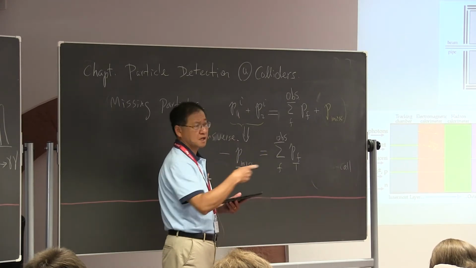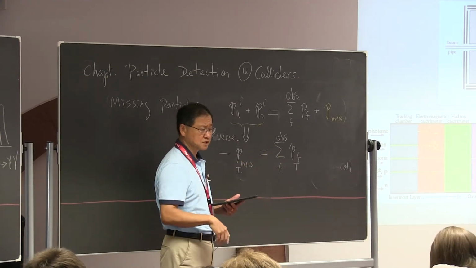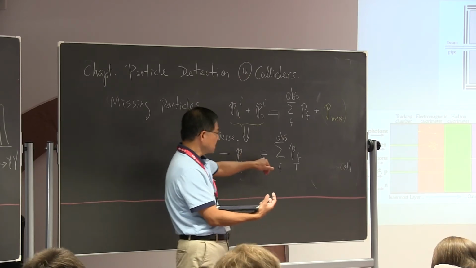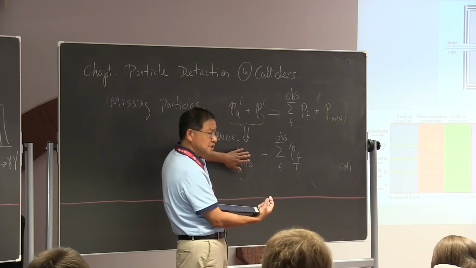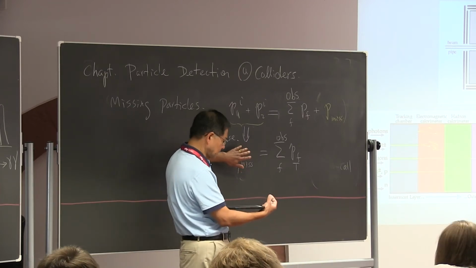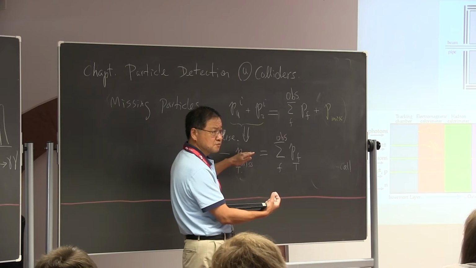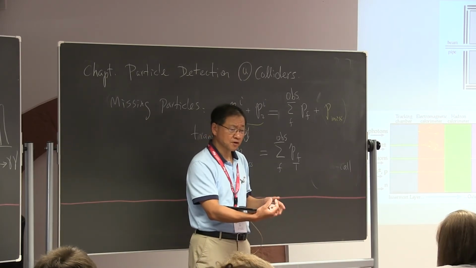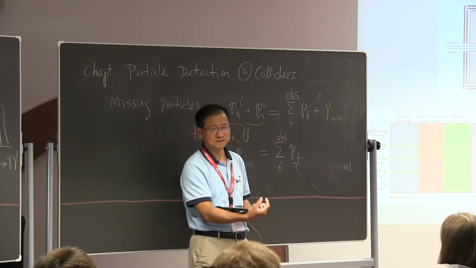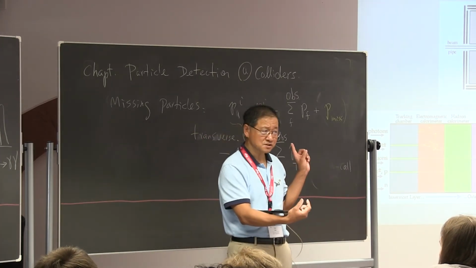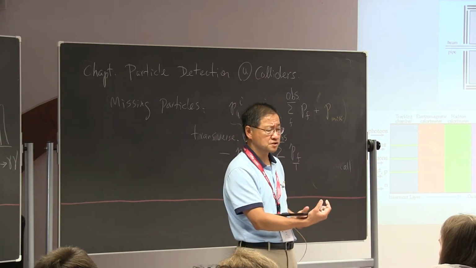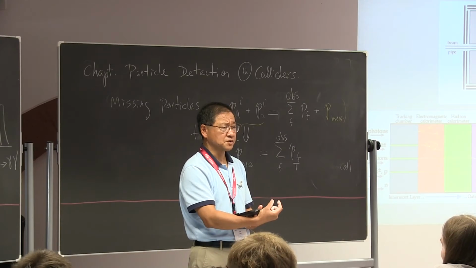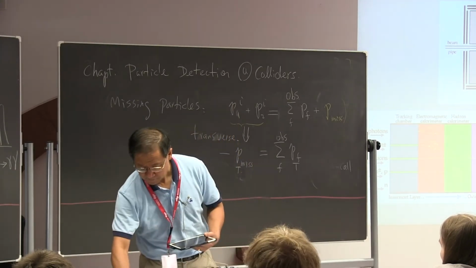The z part is unknown because of the very broad distribution. And in the transverse direction, if you see the imbalance, you can deduce the existence of missing particles. So far in the standard model, it's only neutrinos. In anything beyond the standard model, we haven't seen any yet, and that's what the search for dark matter is. This is the primary search for dark matter: whether there are additional missing particles beyond our standard model.